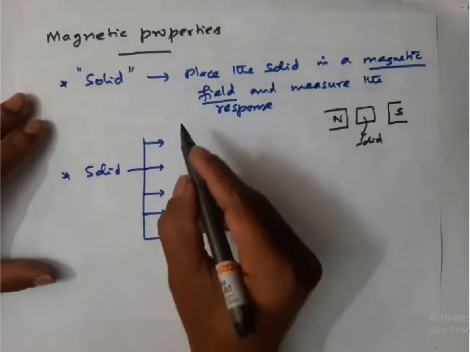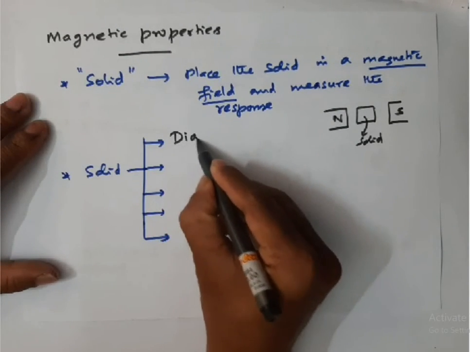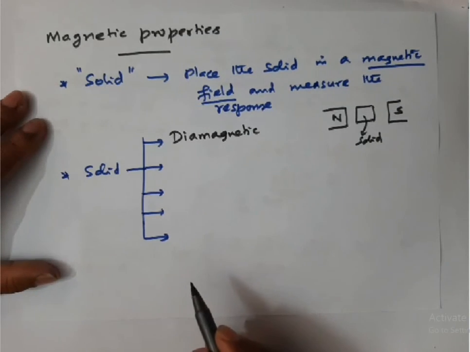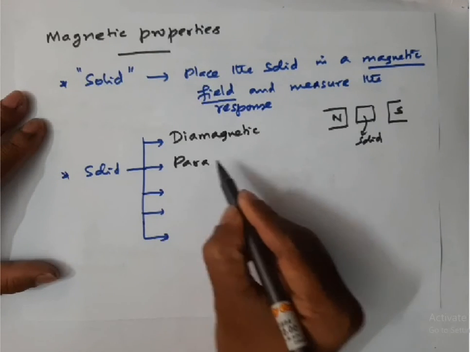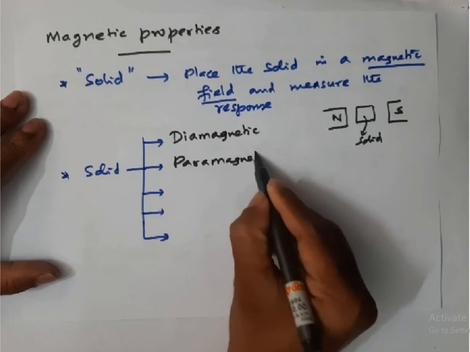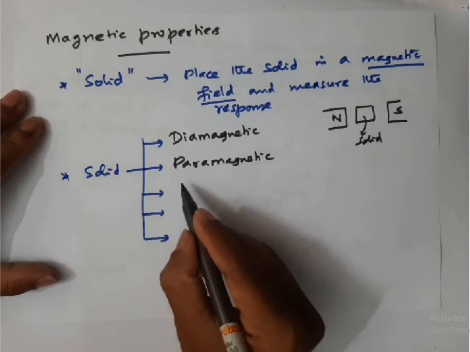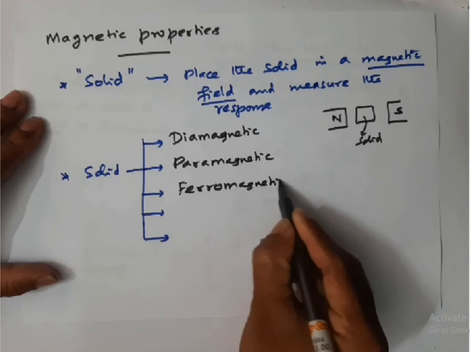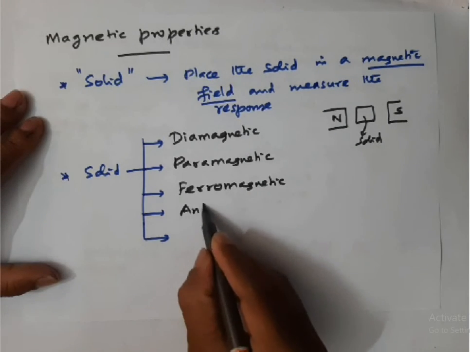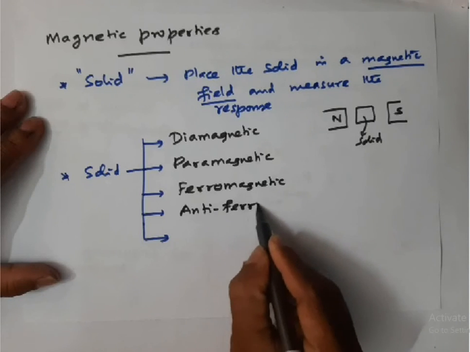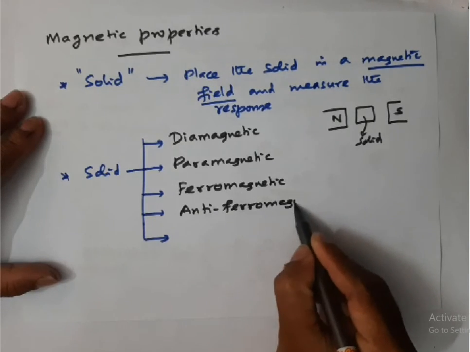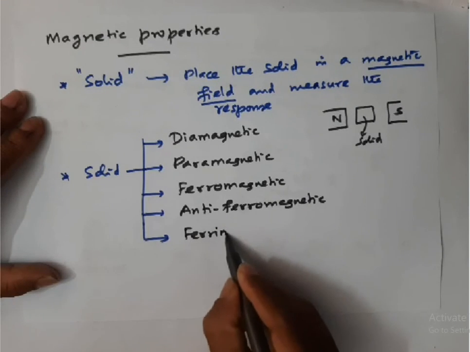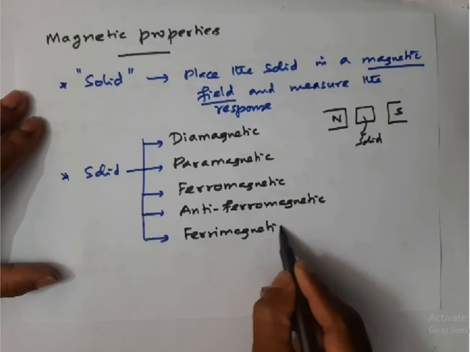What are the different types? Number 1, diamagnetic solids, paramagnetic solids, ferromagnetic solids, antiferromagnetic solids, and the last one, ferrimagnetic solids.